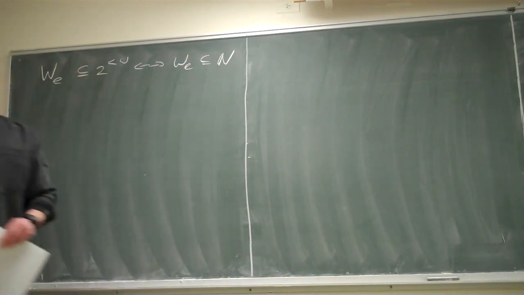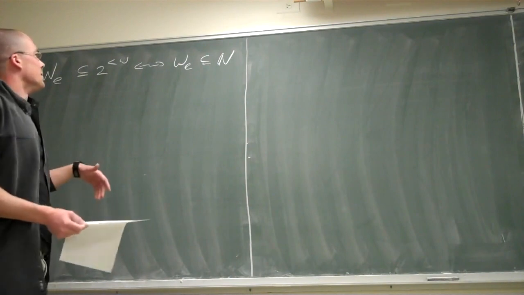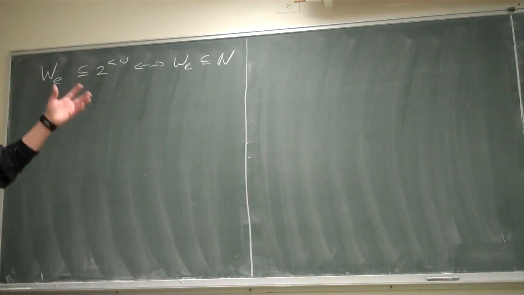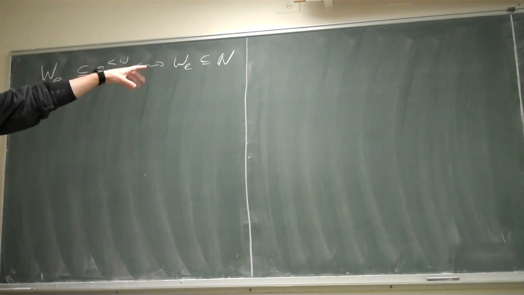Our CE sets are sets of natural numbers, and by some appropriate coding, any natural number represents a finite sequence of zeros and ones. What do I care? Binary expansions, but you need to be a little more careful with binary expansions because these things can end in finite sequences of zeros, and these can't.